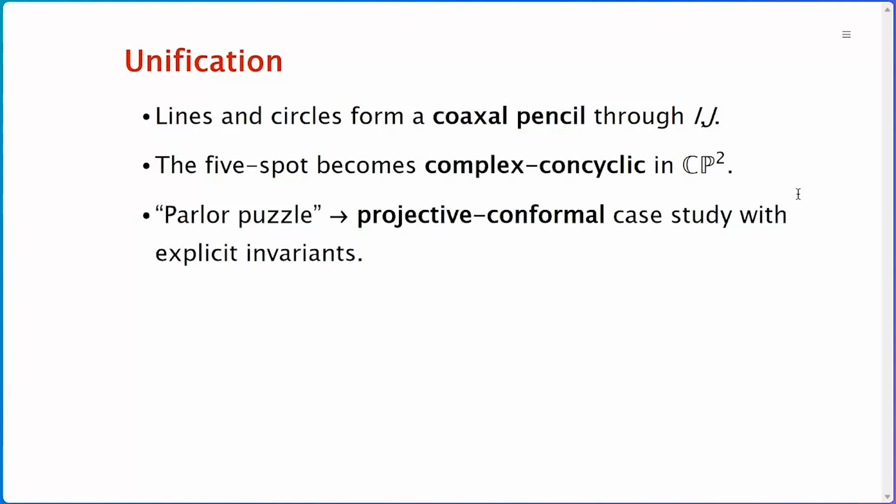So yes, this reframes lines and circles as a single coaxial pencil through I and J. The five spot, far from being a linguistic trick, is an existence and equivalence sentence in CP2: not Euclidean concyclic, but complex-concyclic.